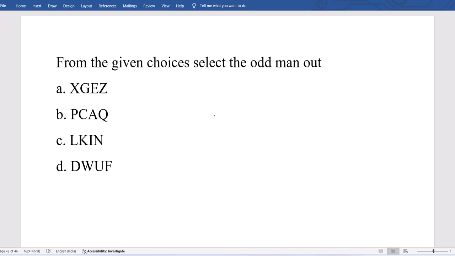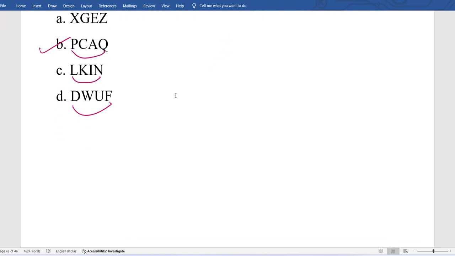Option B. We focus on first and last letter. D, E left F. L, M removed N. X, Y removed Z. But here P and Q immediate. First and last letters just focus. This option B is different compared to other. I'm just checking first and last. Some people check first two letters, it's your wish. You pick any pair. Okay, this is basic one.